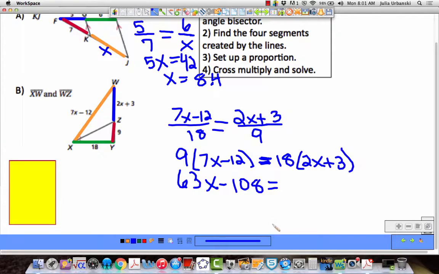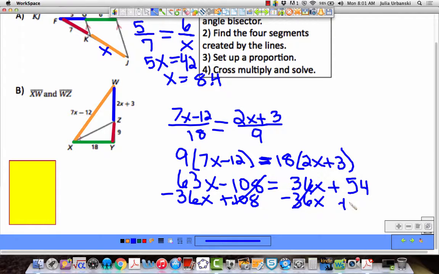Please correct me if I'm wrong. 18 times 2 is 36x, and 18 times 3 is that 54? Yeah. Thank you. Alright, so I would subtract 36x from both sides. And I would add 108 to both sides. This is just the algebra part. This is just the solving. So I can do this one. 108 plus 54 is that 162.